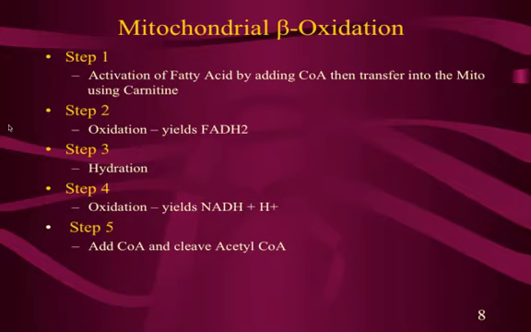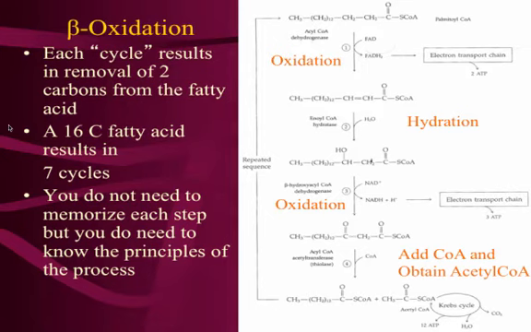There's 2 oxidation steps. Now we get NADH. And step 5, CoA is added. That's a second coenzyme A. So what does it do? That generates acetyl CoA. Is this bringing back memories? Good memories, I hope.